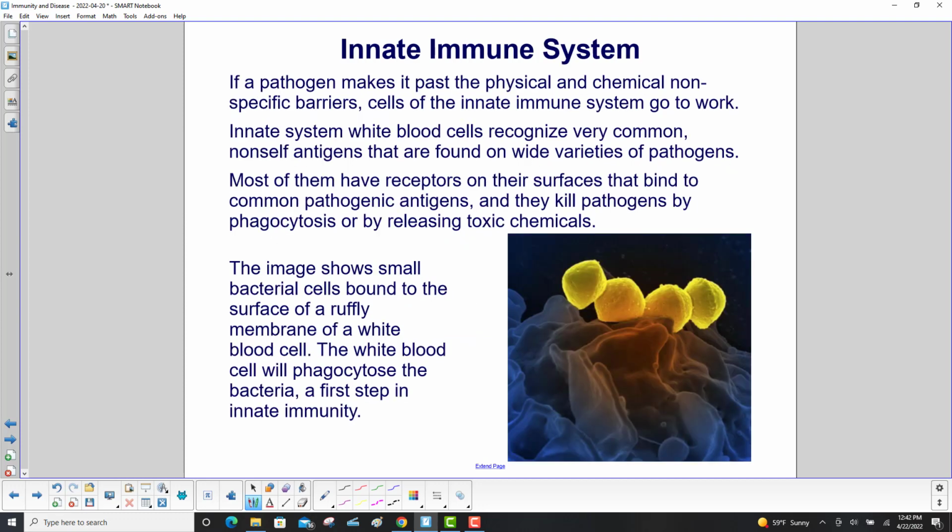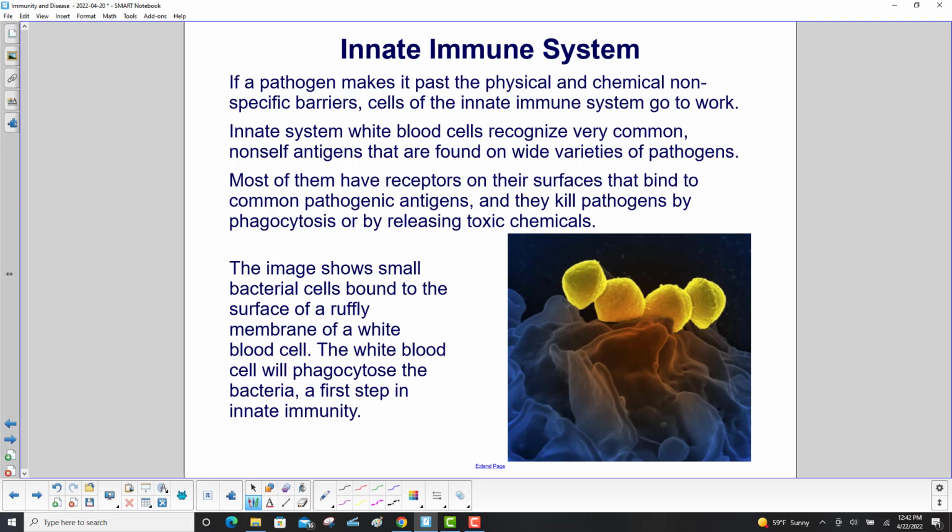If a pathogen makes it past the physical and chemical nonspecific barriers, cells of the innate immune system go to work. Innate system white blood cells recognize very common non-self antigens that are found on wide varieties of pathogens.